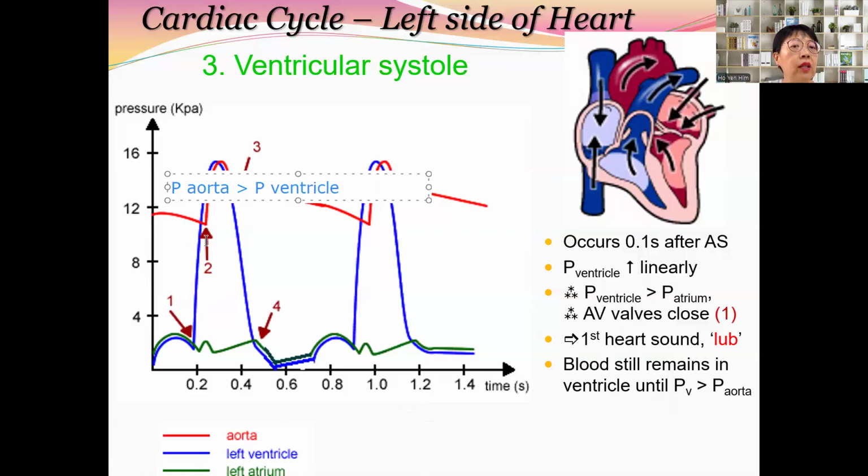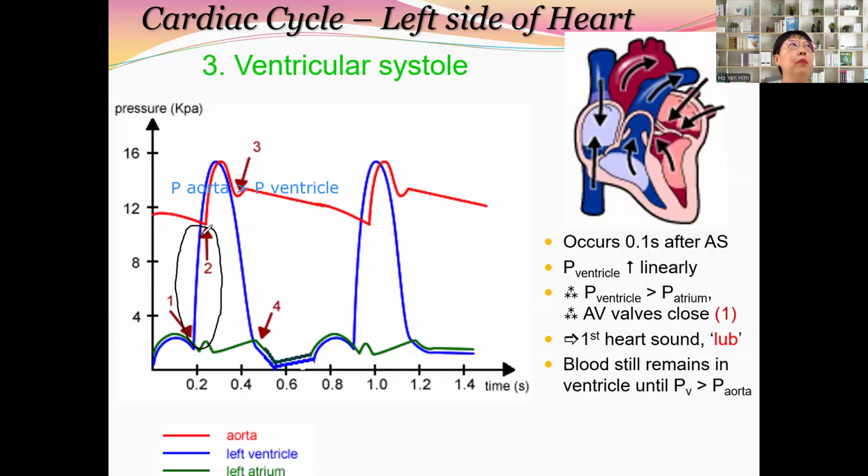Yes, my ventricle is contracting, but too bad. Pressure in aorta remains higher than ventricle. So therefore, at this area here, my blood cannot go out because the two semilunar valves remain closed. So I'm squeezing the bag, but the blood remains inside the bag. So the pressure increases linearly.